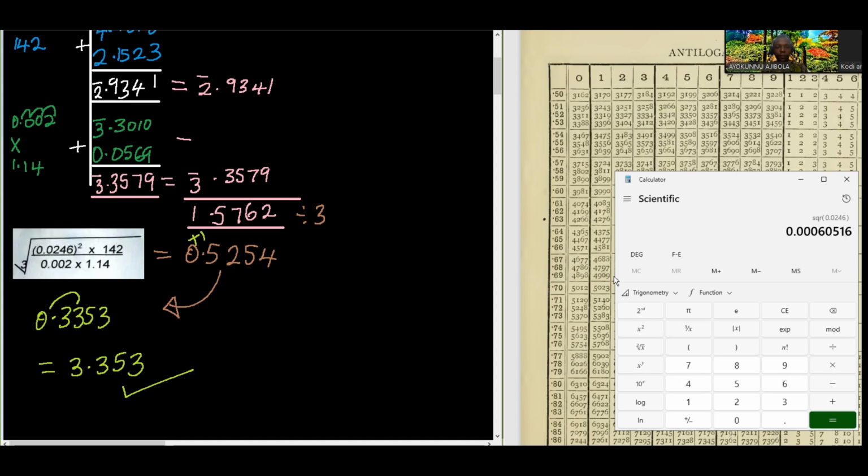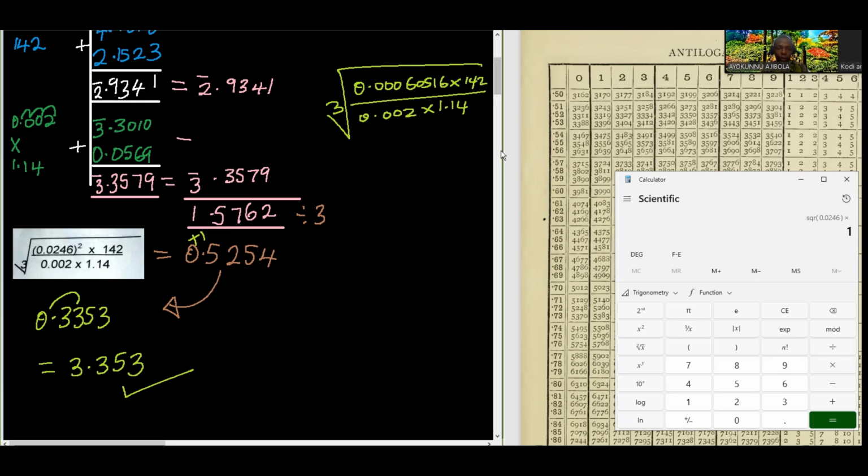If we square it, it's going to give us 0.000600516. 0.000600516 times the other one, which is 142. That's at the top. Then we have 0.002 times 1.14 at the bottom. Then we find the cube root.